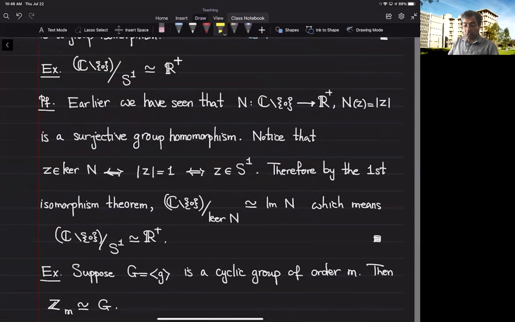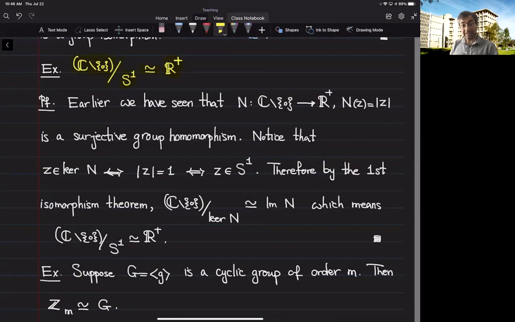This time I want to show that the set of units of complex numbers, which is essentially every non-zero element in the complex numbers under multiplication, and then I want to look at the quotient of that by the unit circle. My claim is that this quotient is isomorphic to the positive real numbers under multiplication.